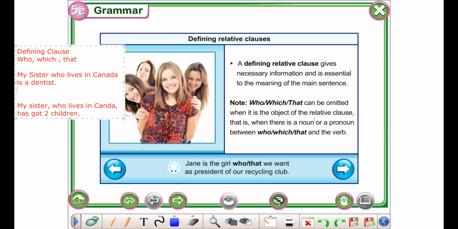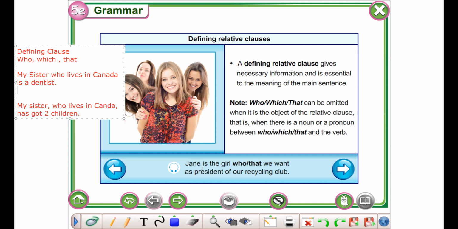Who, which, or that can be omitted when it is the object of the relative clause. That is, when there is a noun or pronoun between who, which, that and the verb. Okay?